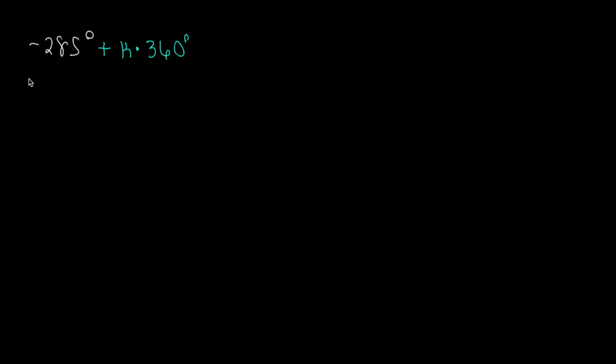What if we're given something like 4 pi? And we're asked to find all of the coterminal angles. So the only difference is we're adding k, but we're multiplying it by 2 pi.